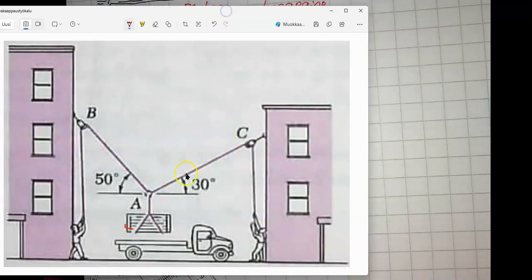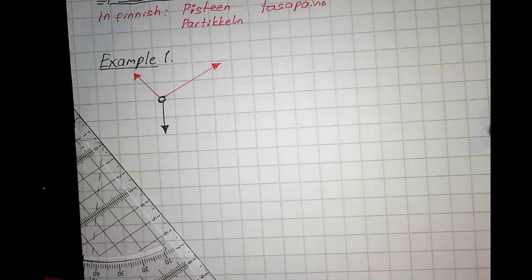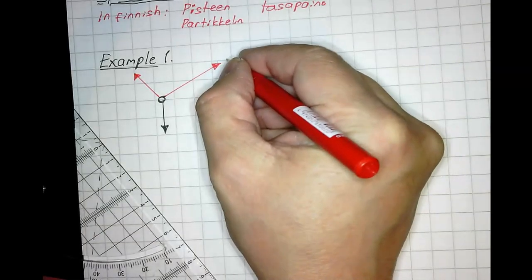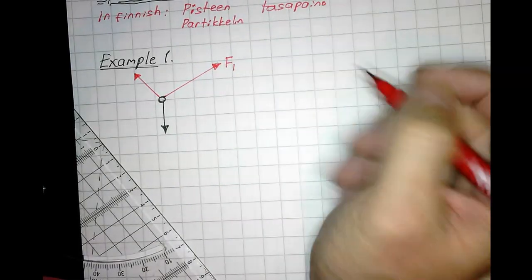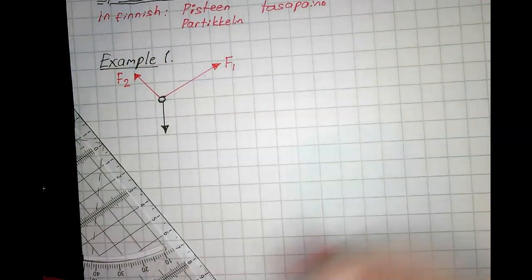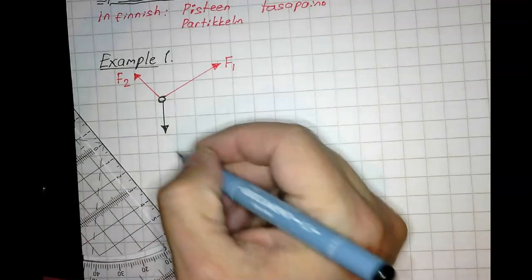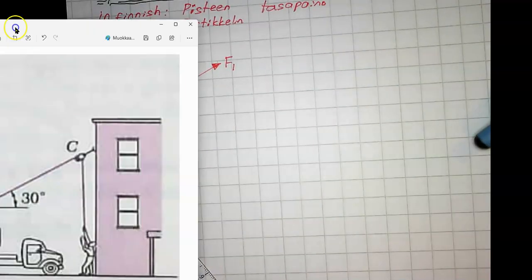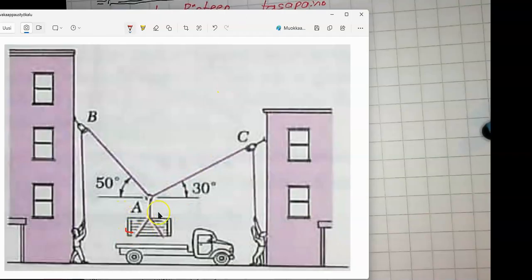We actually don't know what the forces along AC and along AB are, but we may call them force 1 and force 2. And then we have the weight of that crate or box here.